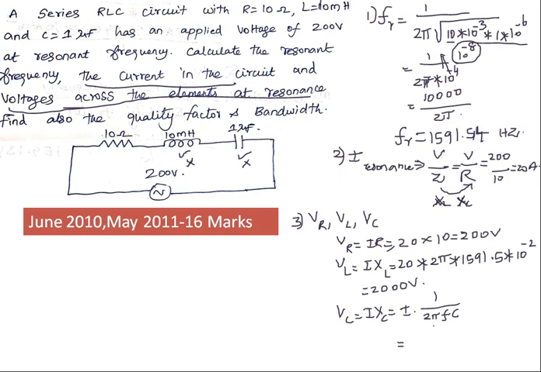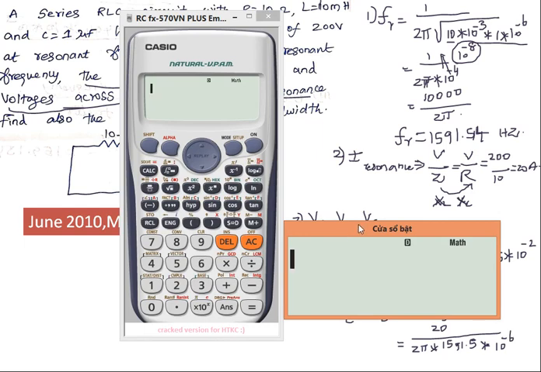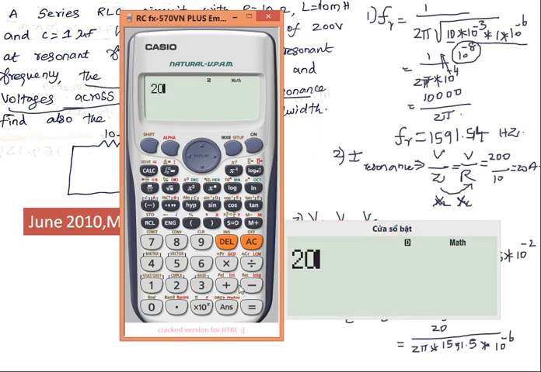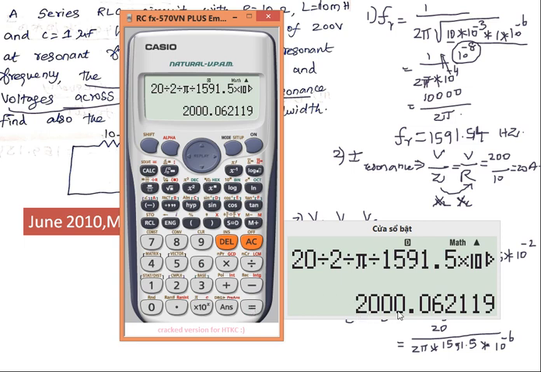So 20 divided by 2 pi into 1591.5 into the capacitance value 1 into 10 power minus 6 farad, which is equal to 2000 volt.